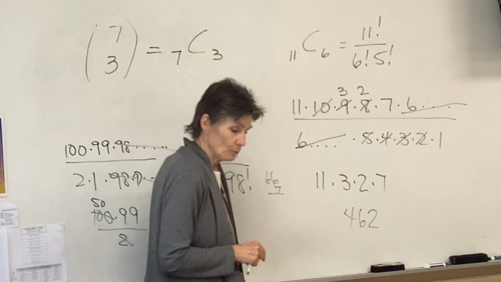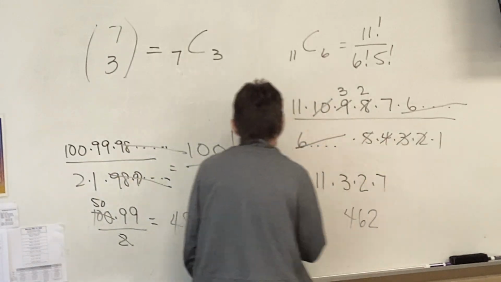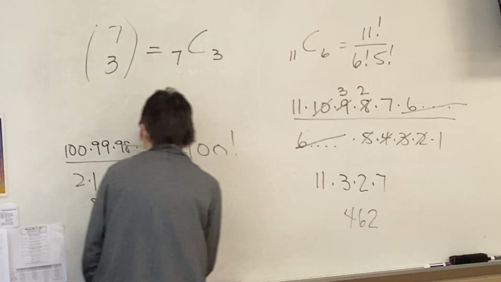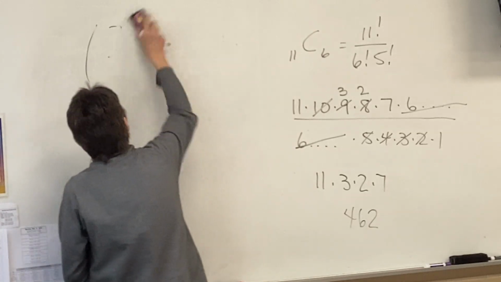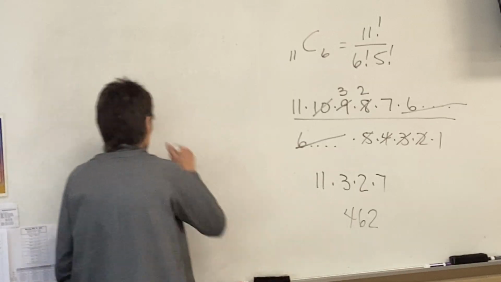All right, now you do E, 10C7. You do that one. Don't just type it in your calculator. Work it out longhand.